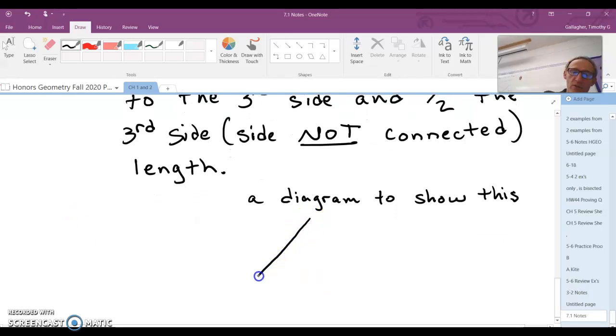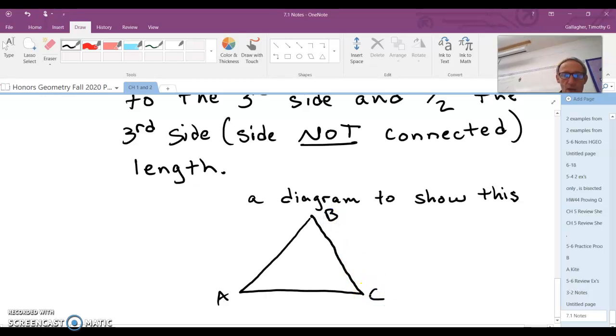Here's a diagram to show this. This is triangle ABC, and D is the midpoint of AB. We'll call it D. And E is the midpoint of BC.